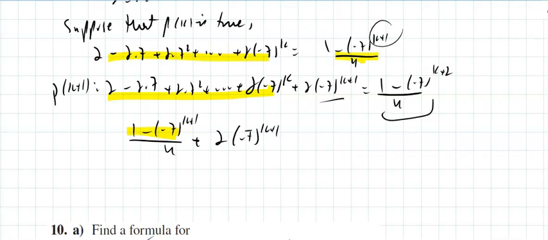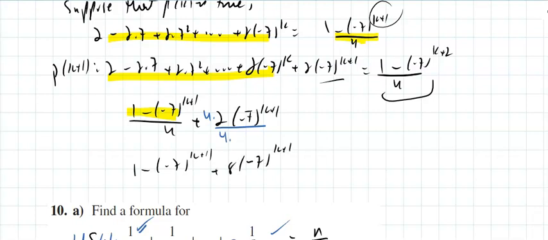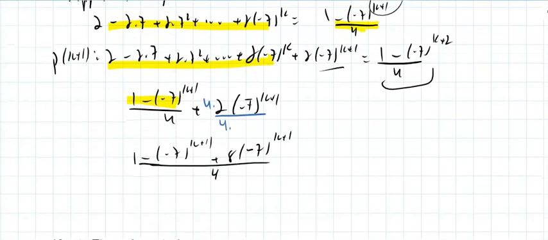Well, let's see how this plays. If I get a common denominator, multiply by 4 top and bottom, that would be 1 minus a negative 7 to the k plus 1 plus 8 times negative 7 to the k plus 1 all over 4. Okay, that's good news. That equals 1 minus 1 of those plus 8 of those, that's positive 7 of those.